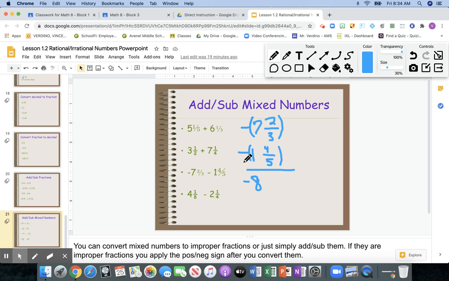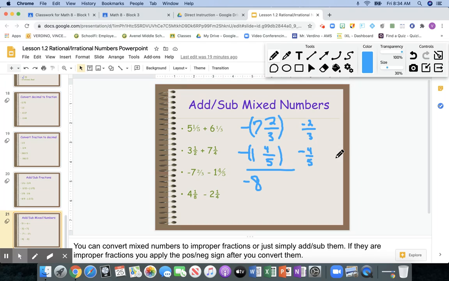The negative sign goes to the whole number and the fraction. So I really have, on the right-hand side, negative 2/3, and a minus 4/5.